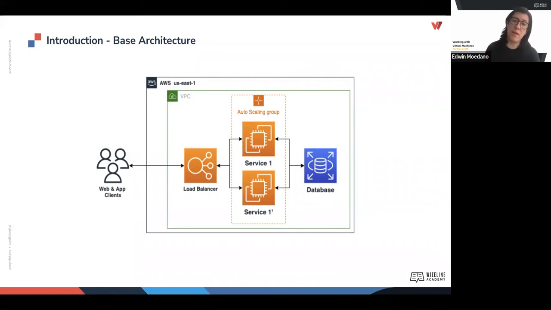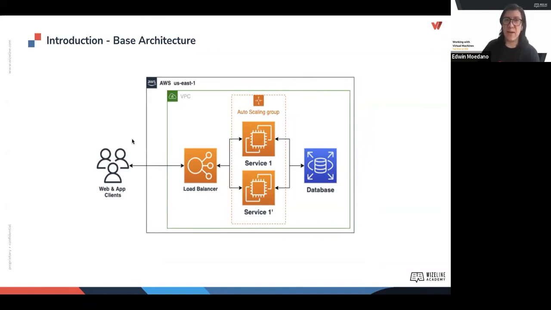These instances are covered by our Autoscaling group, and we have defined a basic threshold, nothing fancy, that scales via CPU or memory. And this application is reading from and writing to a database. So that's our basic scenario.